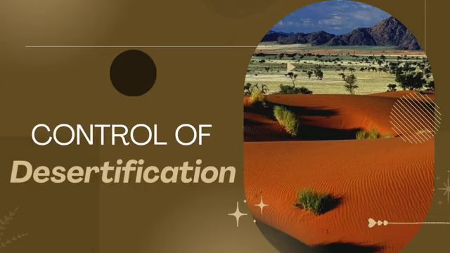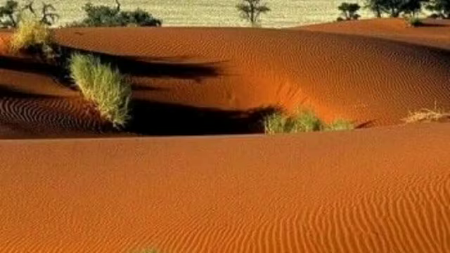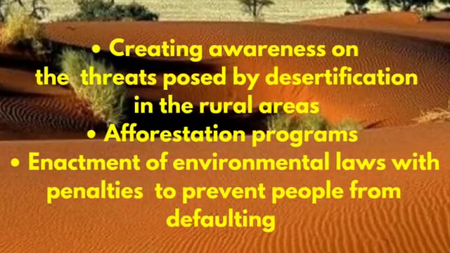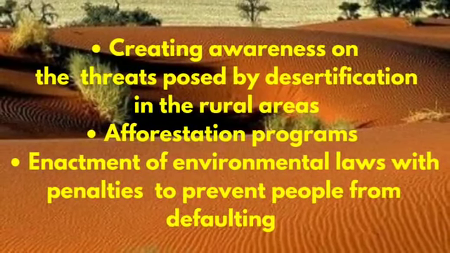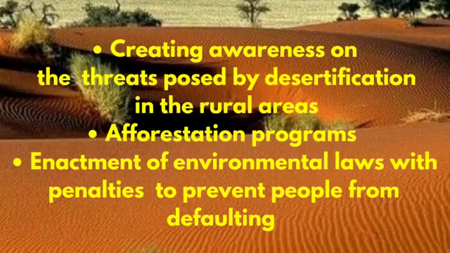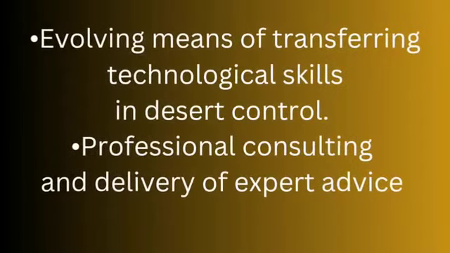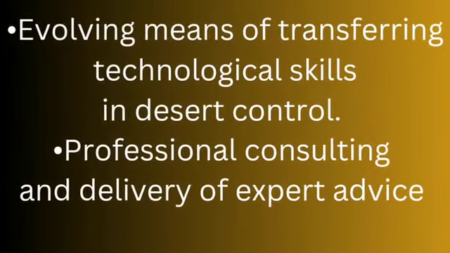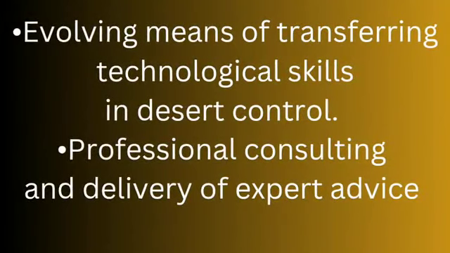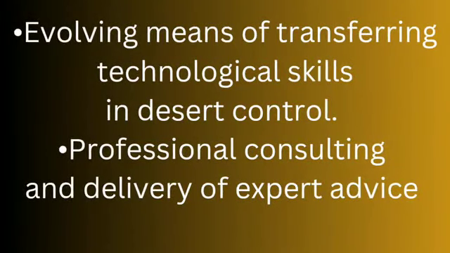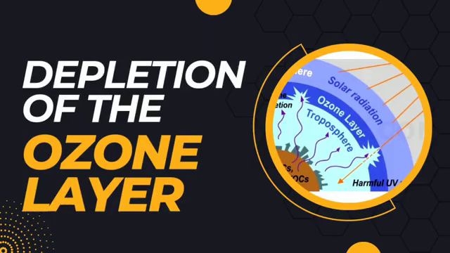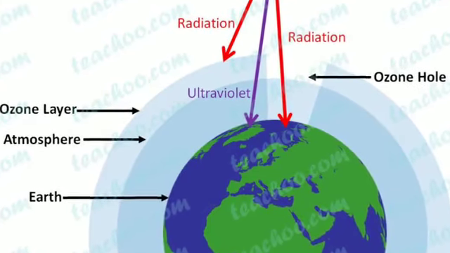How can we control desertification? Desertification can be combated through the following ways: creating awareness on the threats posed by it in the rural areas, afforestation programs, that is, planting of new trees, enactment of environmental laws with penalties to prevent people from defaulting, means of transferring appropriate technological skills in desert control, providing professional consulting services and delivery of expert advice in the areas of desertification.